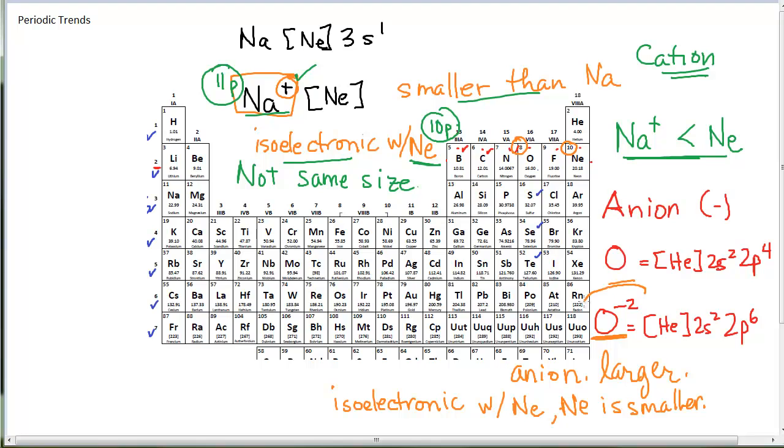Oxygen with a -2 is larger than the neutral species that it comes from, it's also larger than the same species it's isoelectronic with. So oxygen with a -2 is actually larger than neon. However, sodium with a +1 is smaller than neon. When I'm comparing two isoelectronic species, the cation is always smaller, the anion is always larger.